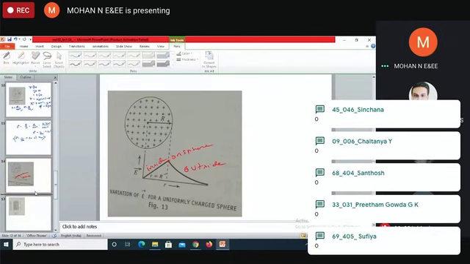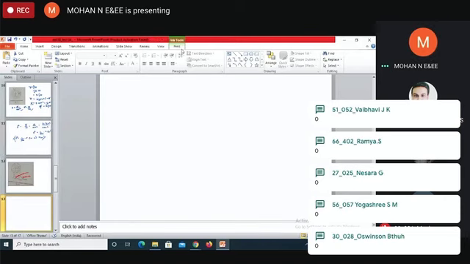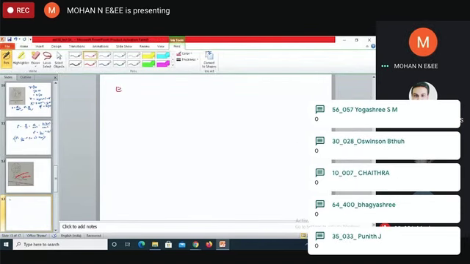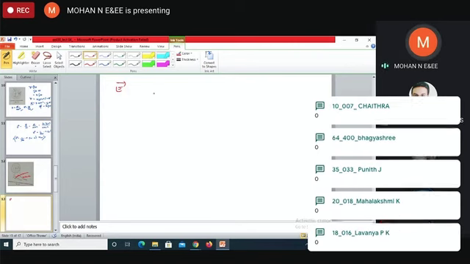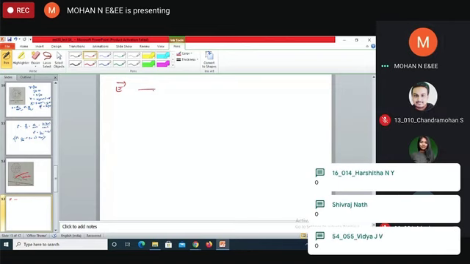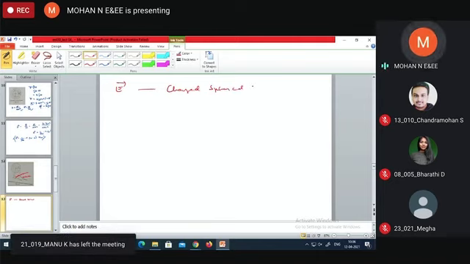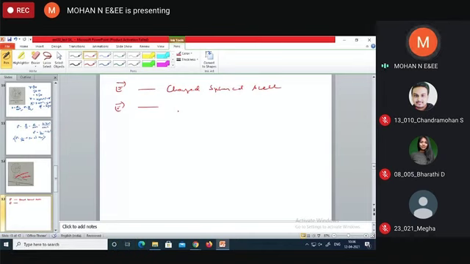Now what have we studied so far? We have so far studied finding E for the charged spherical shell and finding E for the charged sphere.